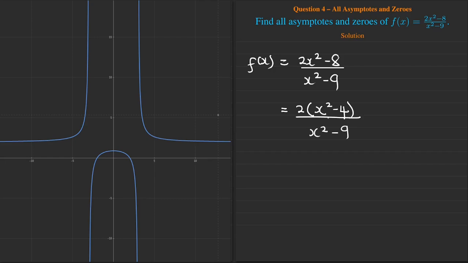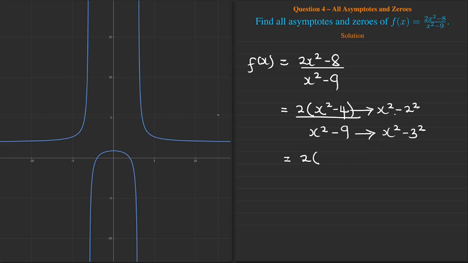The reason why we are doing that is we have identified there is a difference of 2 squares somewhere around here, so we want to evaluate that. Evaluating a difference of 2 squares, it is actually a 2 into bracket, and this we have here is x squared minus 2 squared. Then this we have here is also x squared minus 3 squared.